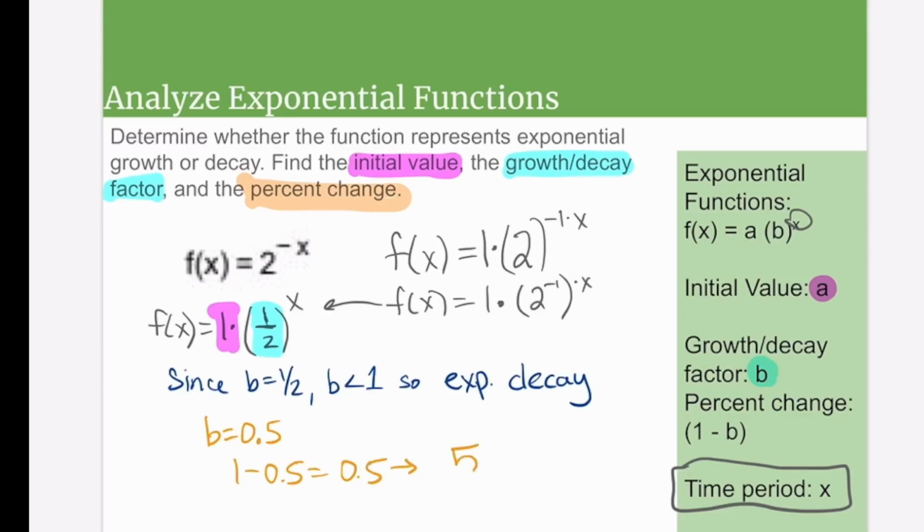So it's a 50% decrease. That would be your percent change. It's either an increase or a decrease. So in this case, it's a decrease. For problems where it's an increase, it's all the same deal, only that b value is going to be bigger than 1. So you take the 1 away, and it's going to show you the increase or decrease. But that's how you analyze exponential functions.